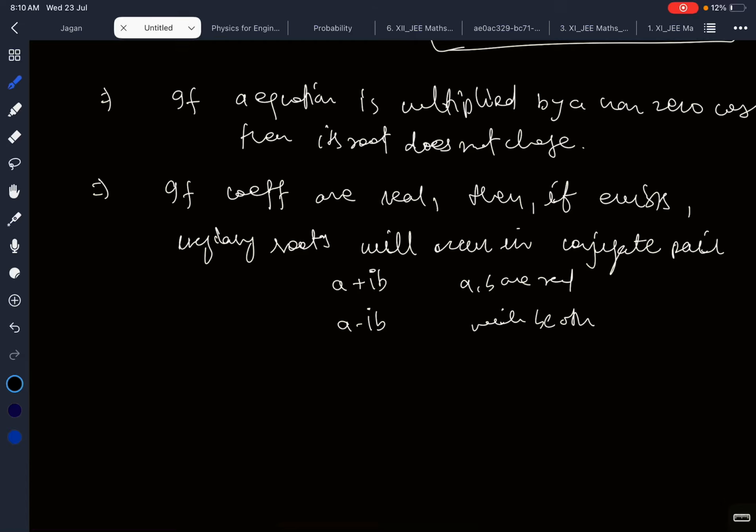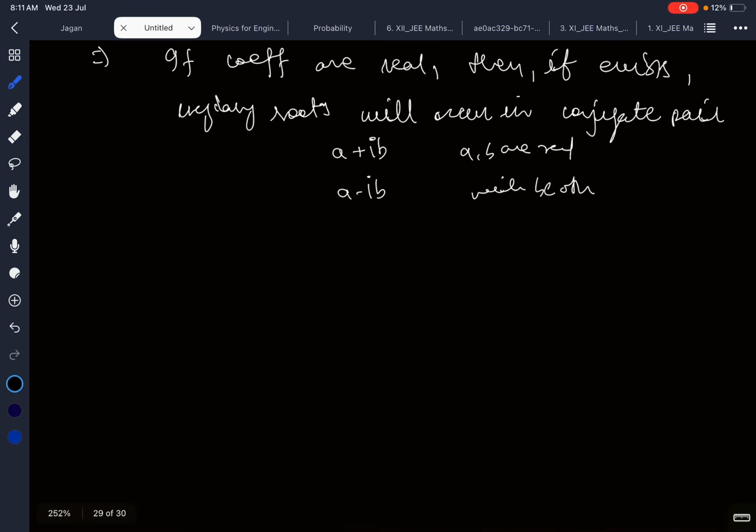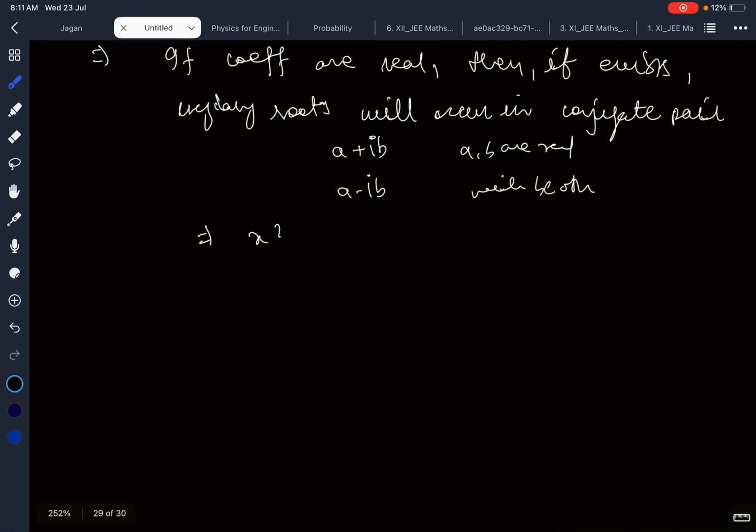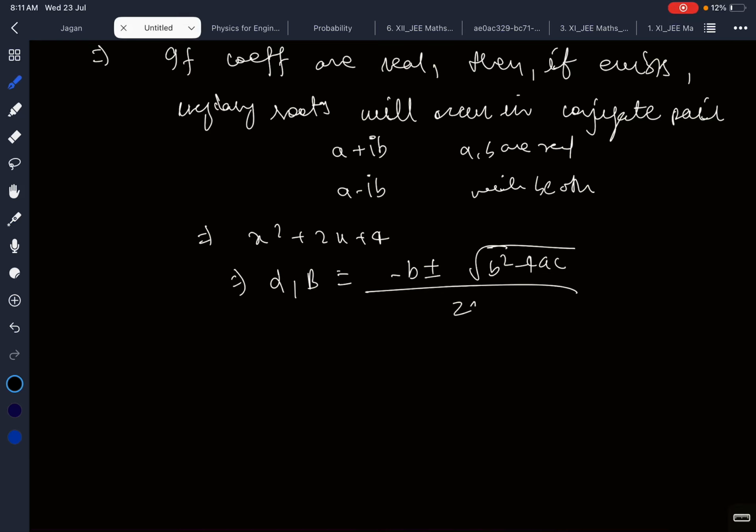So should I take one example or show you like that? Okay. So we have an example, say x square plus 2x plus 4. If alpha and beta are its roots, then alpha and beta will be minus b plus minus root of b square minus 4ac divided by 2a.